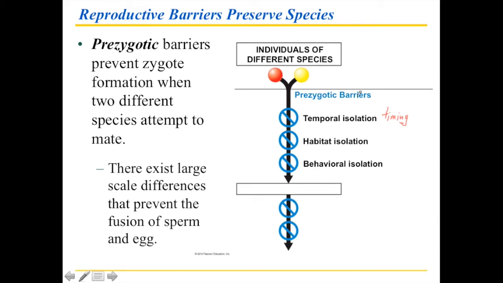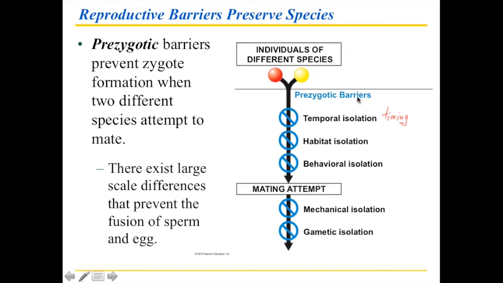Well, reproductive activity needs both of these to be active at the same time. That never happens, therefore there is temporal isolation. Or perhaps, even though they're similar organisms, one type of organism breeds in the spring, the other organism breeds in the fall. Therefore, the timing is all wrong, and temporal isolation prevents them from mating. So timing, that's one issue.